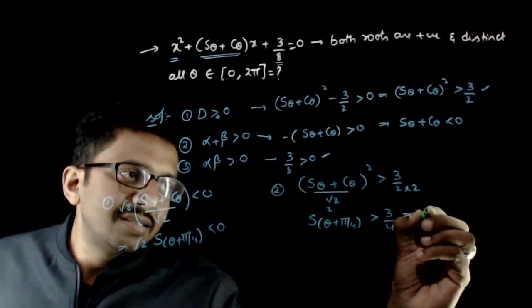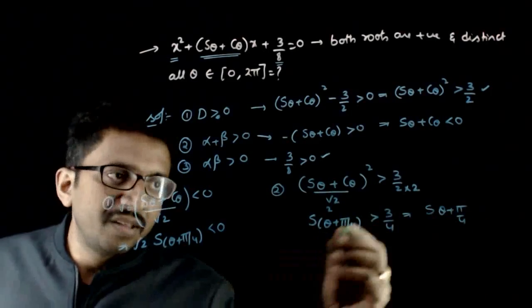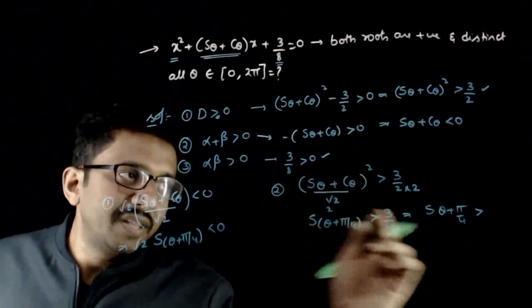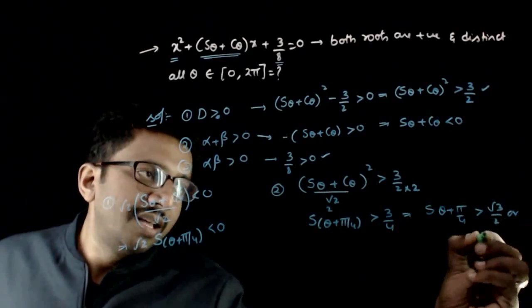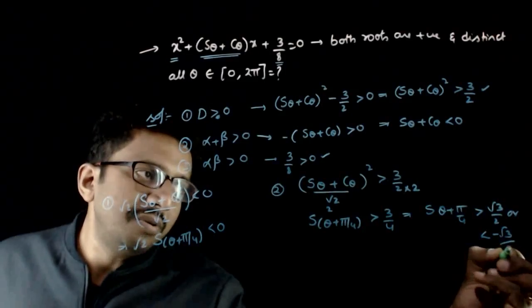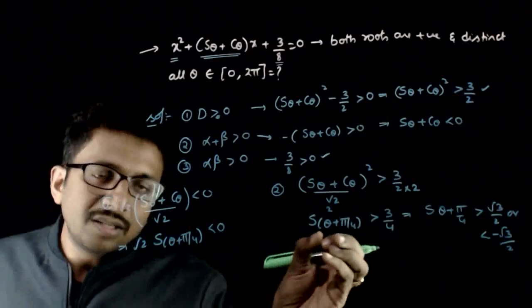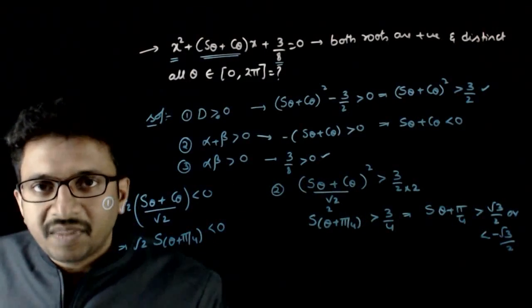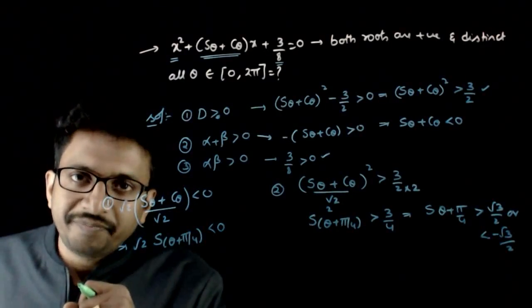So this implies sin of (theta plus pi by 4) is either greater than root 3 by 2 or less than minus root 3 by 2, right? If x square is greater than a square, x can be either greater than a or less than minus a. So these are the conditions which I need to check.